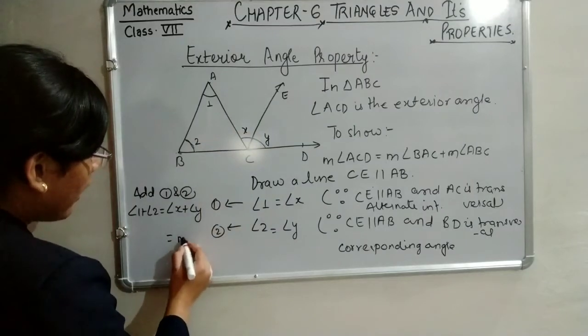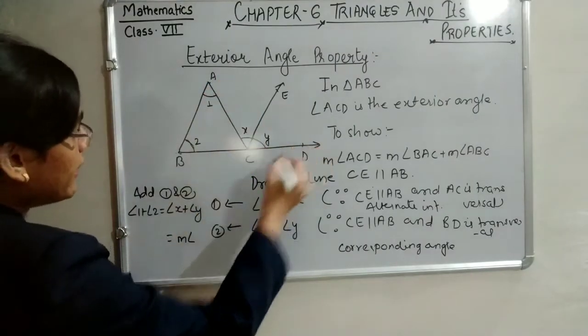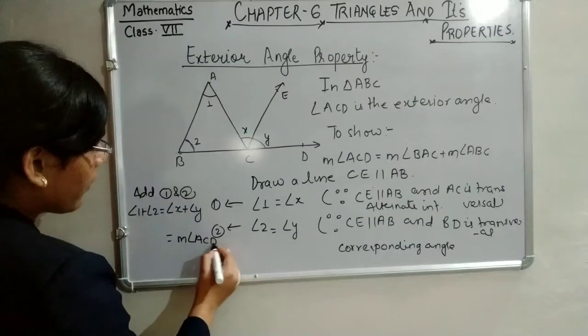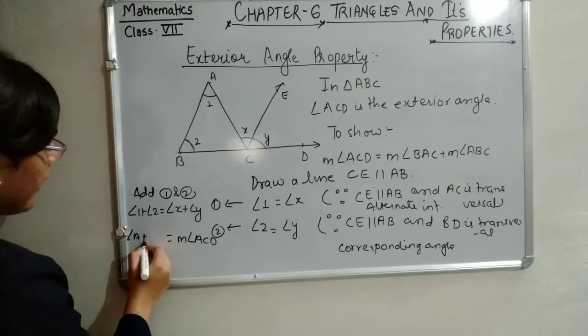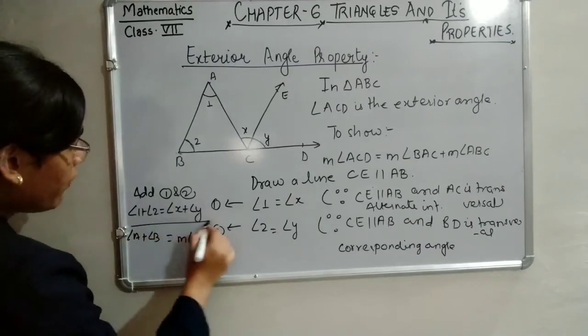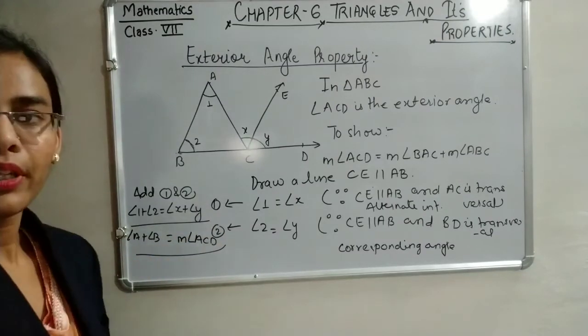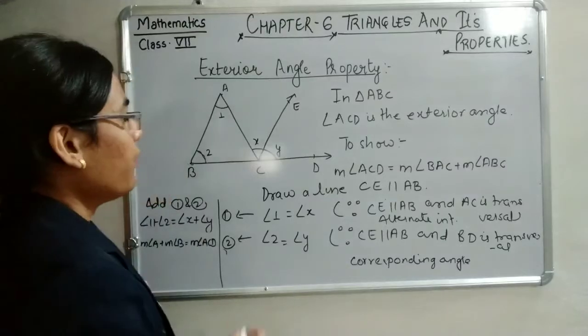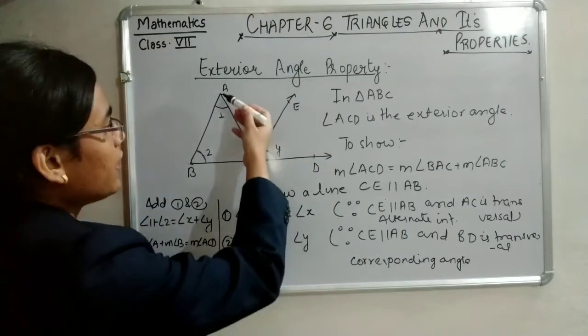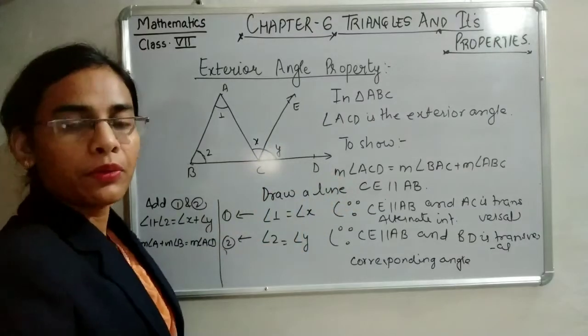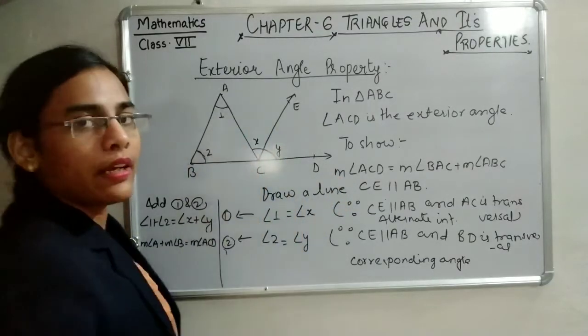Angle X plus angle Y will equal angle ACD, and angle 1 and 2 are angle A and angle B. So we have proved the exterior angle property of a triangle, which states that the exterior angle of a triangle is equal to the sum of its opposite interior angles.